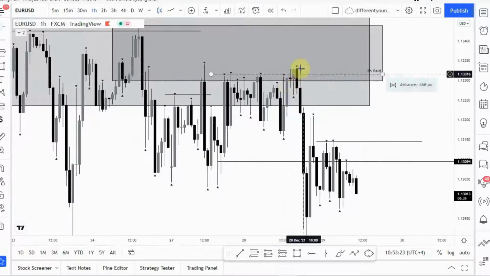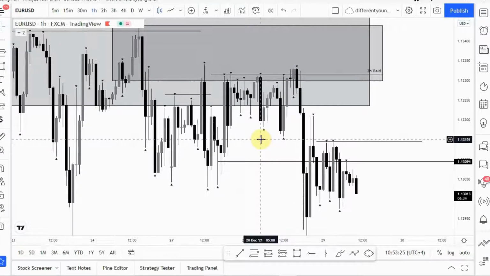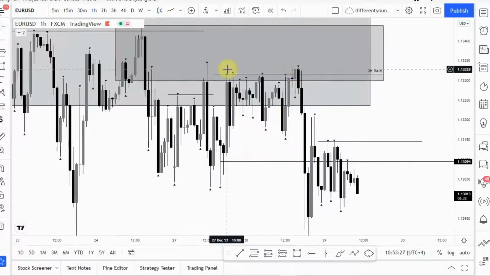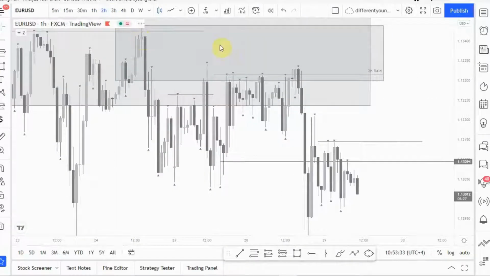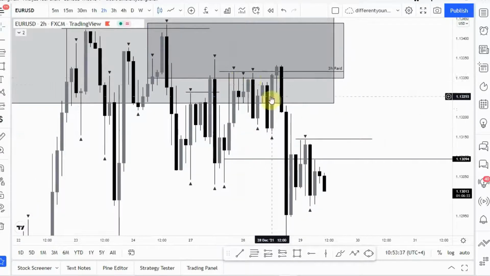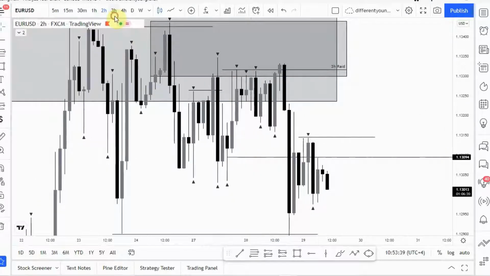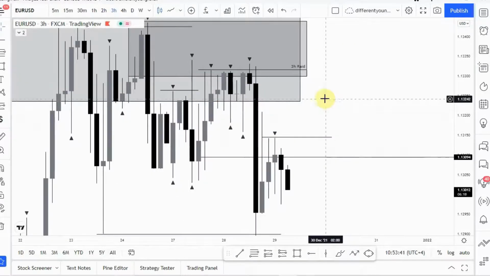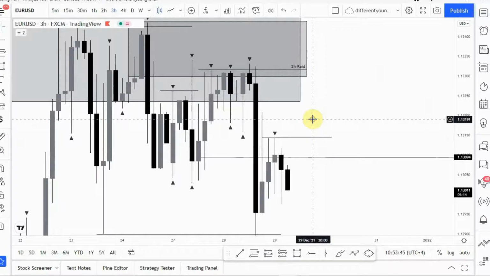We cannot take this 1H anymore because it closed above, even though they took liquidity, but we cannot trade this candle. So going to the 2H time frame, 2H closed above again, so invalid, cannot take that either. Going to the 3H time frame, as you can see, 3H closed as a red and a bearish candle.